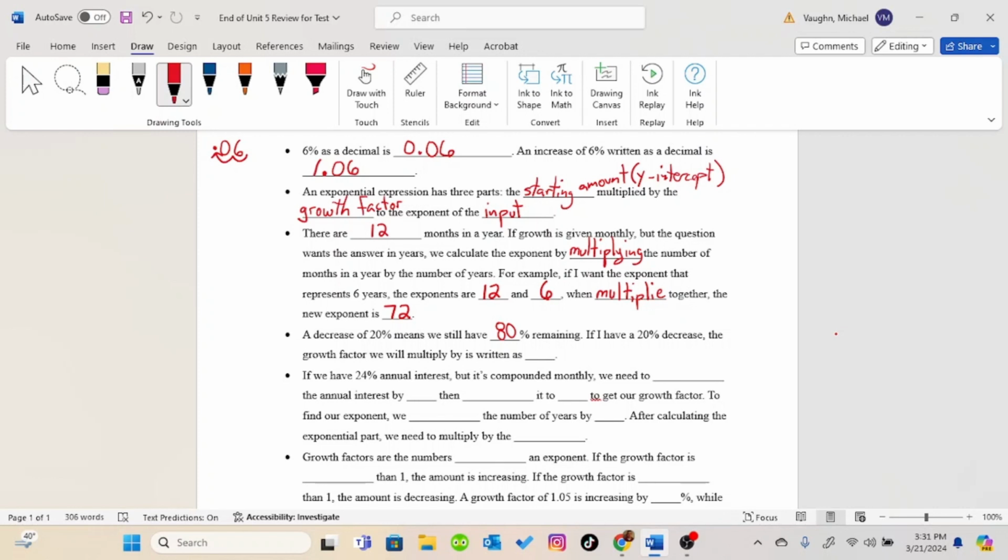We're trying to find out how much is remaining. And so if we have 80% remaining, then the growth factor we're multiplying by would be 0.8. This is 80% written as a decimal. So if I started out with 100 and I had a 20% decrease, I would multiply that 100 by 0.8 and find out that I still had 80 left.